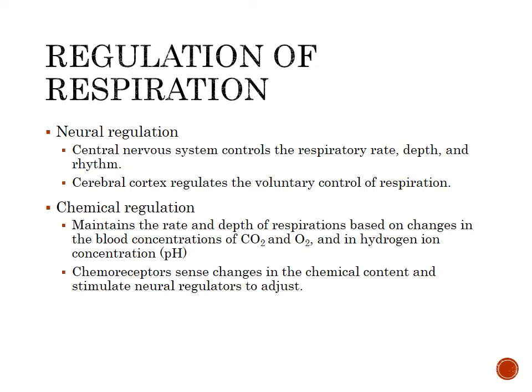Chemical regulation maintains appropriate rate and depth of respirations. It's all based on how much CO2 and oxygen we have, and hydrogen ions as well in the blood. An example is, let's say you have a patient that is acidotic, meaning their pH in their blood is less than 7.35. Normal pH in our blood is 7.35 to 7.45.